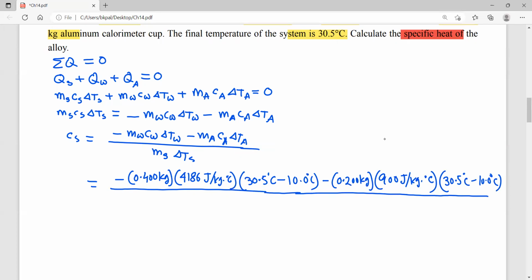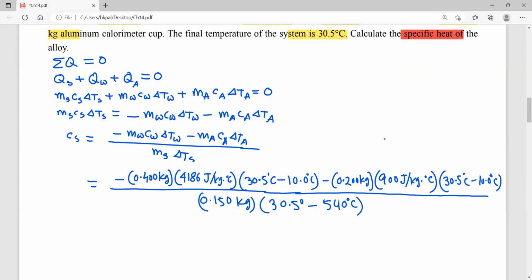The denominator: the sample's mass is 0.150 kilogram, and the final temperature is this. The initial temperature is 540 degrees Celsius.